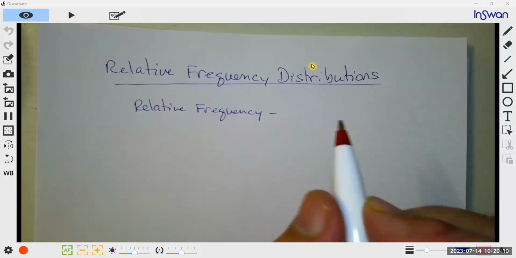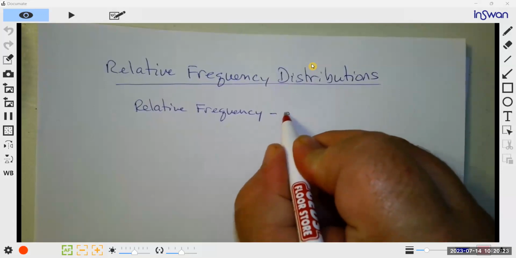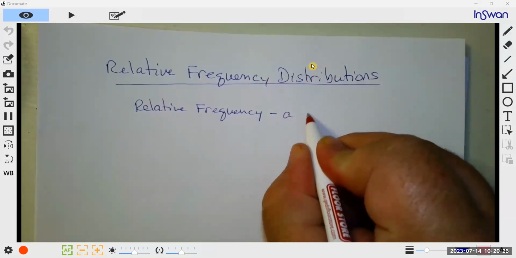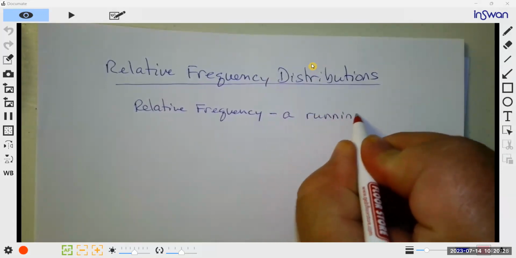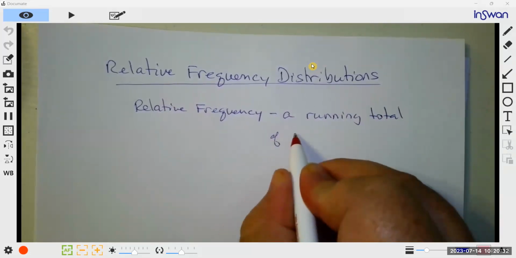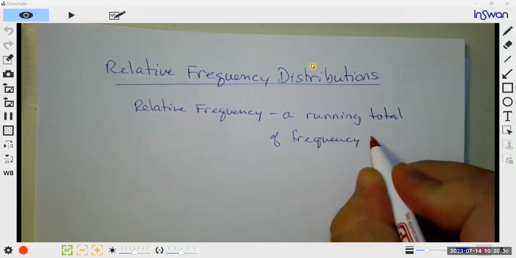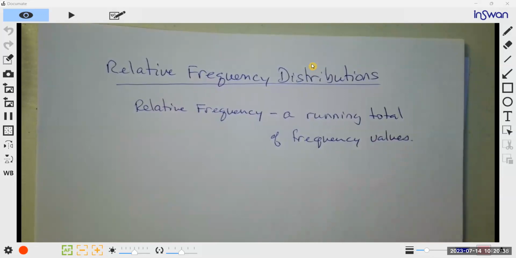Relative frequency is a running total of frequency values.